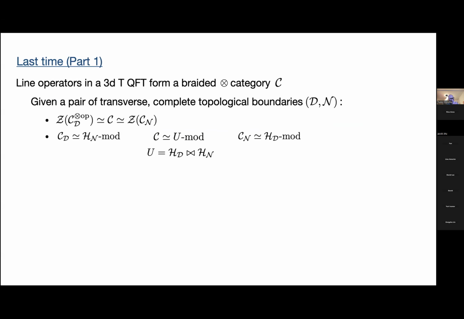That produces not just an object, but a commutative algebra object, in fact a commutative bialgebra inside the braided tensor category, and a lot of the properties I'm talking about, like having a boundary condition, transversality and completeness, can be accessed through these commutative algebra objects.